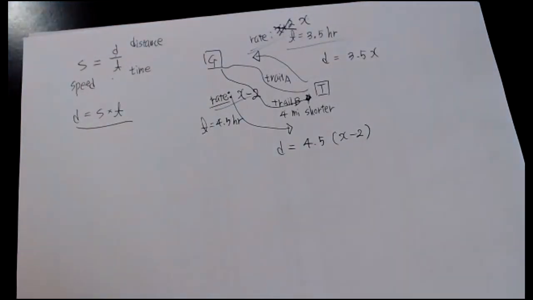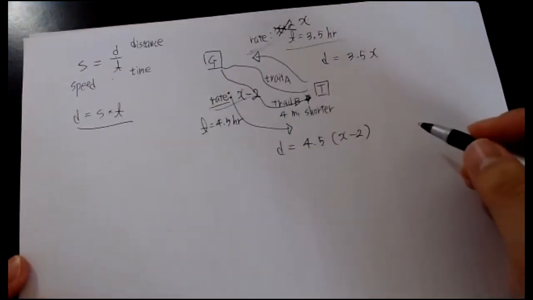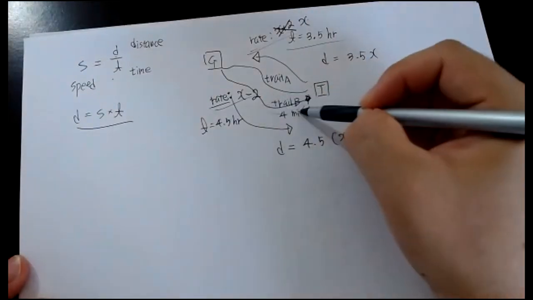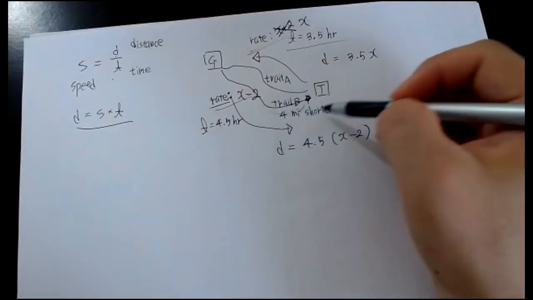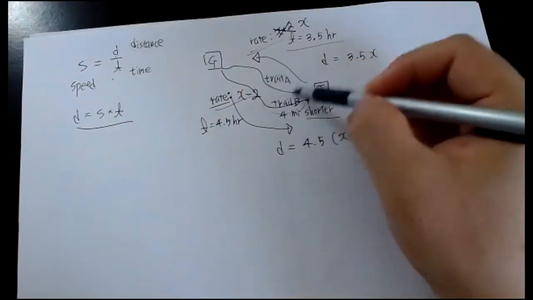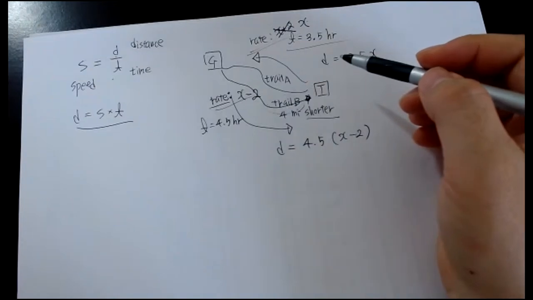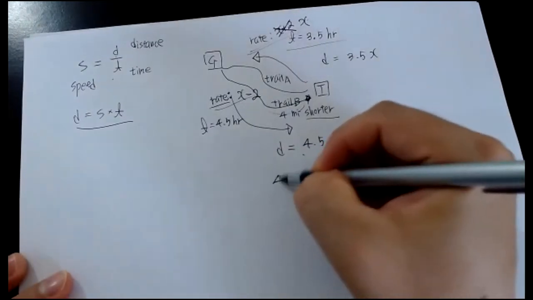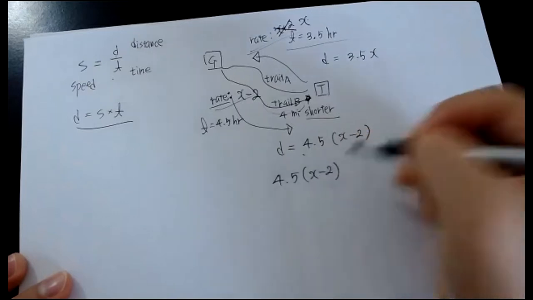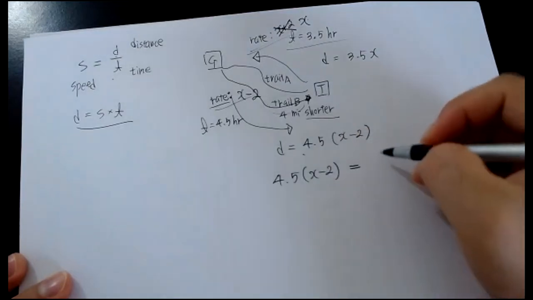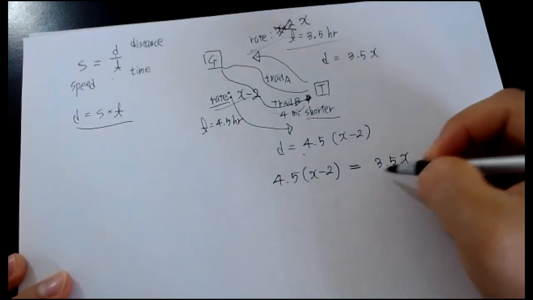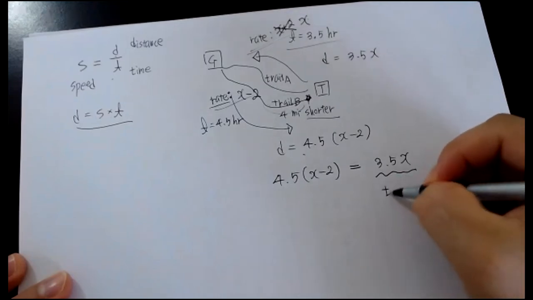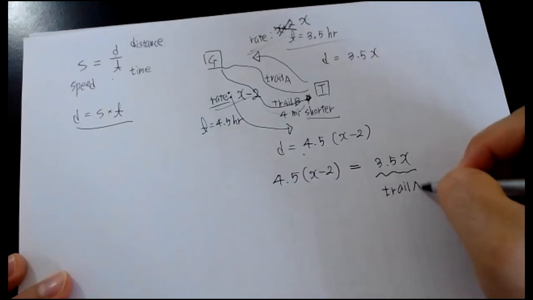Okay. So now the problem says that what? The trail B must be 4 miles shorter than the distance of trail A, right? Okay, it means that 4.5 times x minus 2 must be equal to what? 3.5x, which is the distance of trail A, okay?